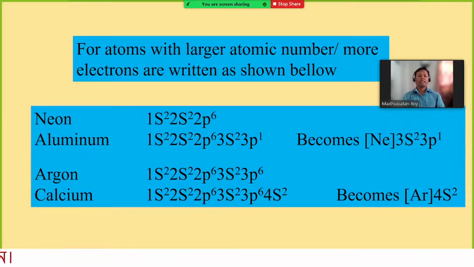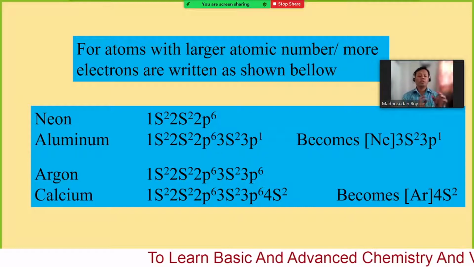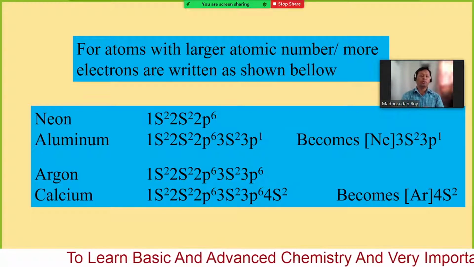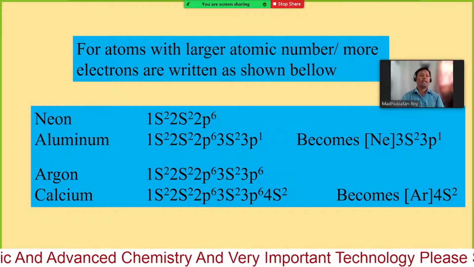That is time consuming and also not necessary at all. Most of the time we just need to understand the electronic configuration of the outermost shell. If you know the atomic number of an atom, then you can easily find out the outermost shell configuration. If you know the outermost configuration, then you can easily understand the characteristics.